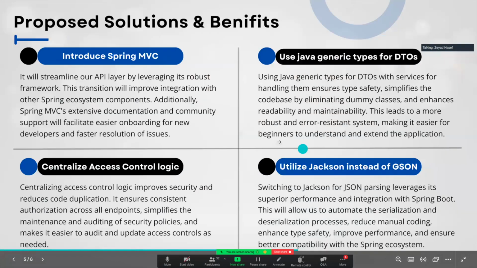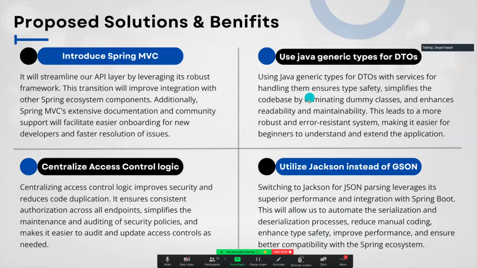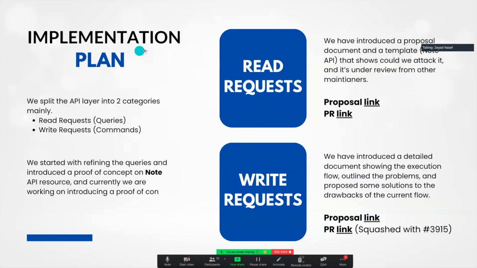So here is the proposed solution we talked about, in some detail. For the implementation plan, we have read requests, which are queries as CQRS says, and we are separating read requests from write requests. So we start by enhancing read requests, as they are relatively simple. We introduced a proposal on the mailing list and showed a PR with some discussions on GitHub.